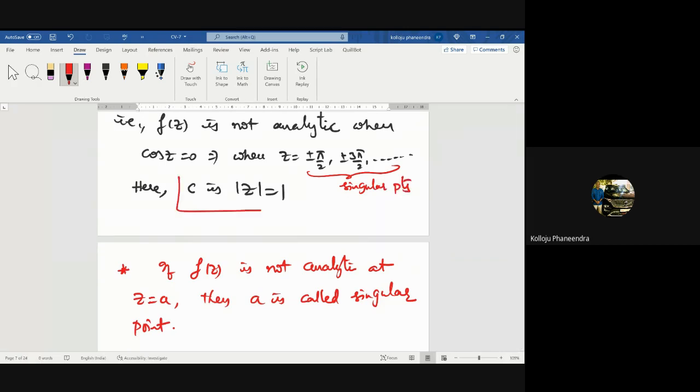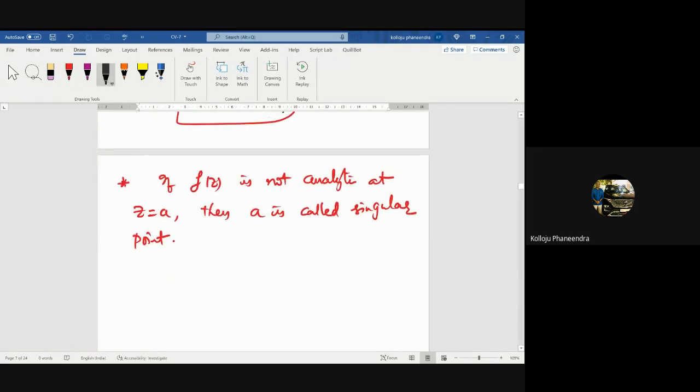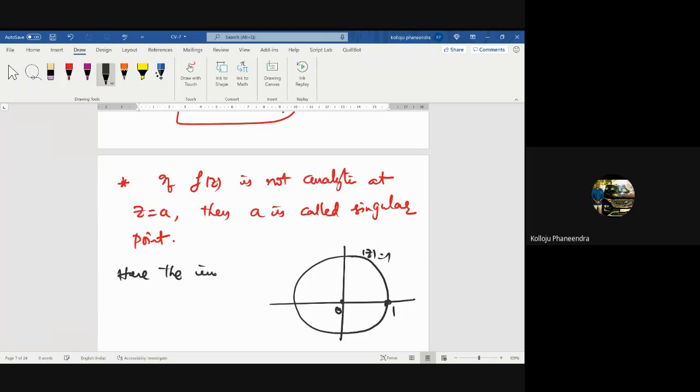Now here, what is C? Mod z equal to 1. Now I'm giving the picture. This is 1, mod z equal to 1 curve, and this is 0. Here, the important point is the singularities.